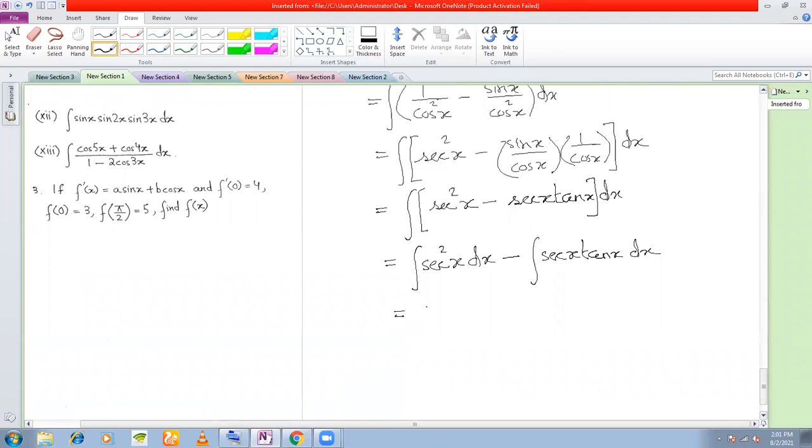Integral sec square x you know is tan x, and integral sec x tan x from the standard formula you know is sec x. Plus c, and that's your answer. Okay.